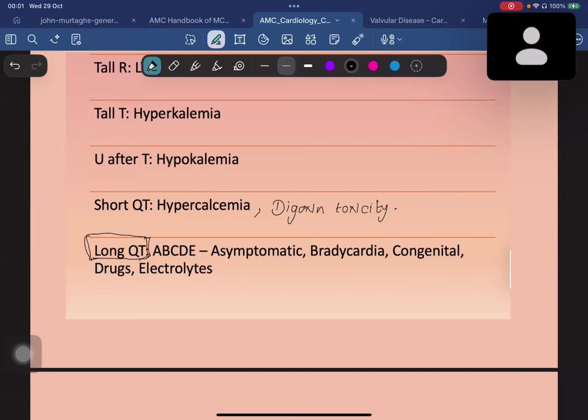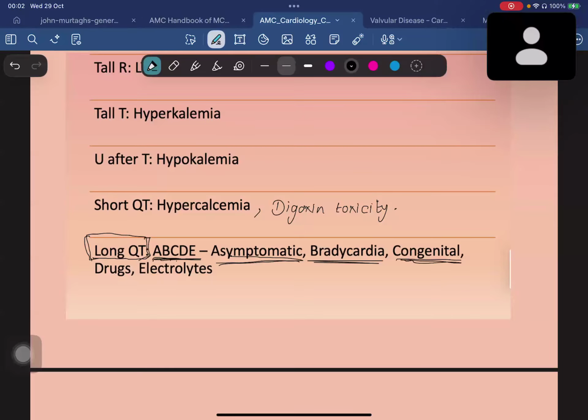So you could use this ABCD method. Long QT, you could see either in asymptomatic patients, with no specific problem, or in bradycardic patients, or it could be, so we are at ABC, C is congenital.